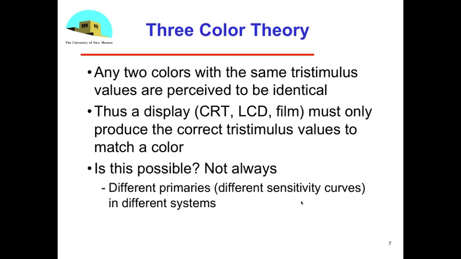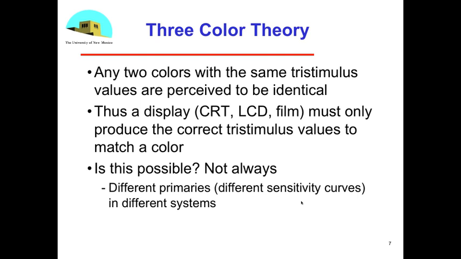So what three-color theory says is that any 2 colors that produce the same 3 tristimulus values are perceived identically. They're called metameric pairs, because all your eye sees is T1, T2, and T3.